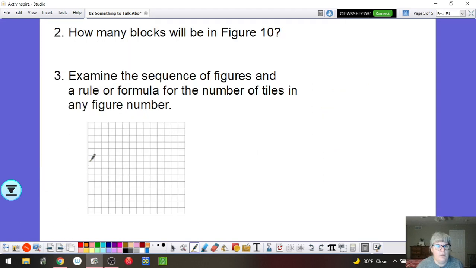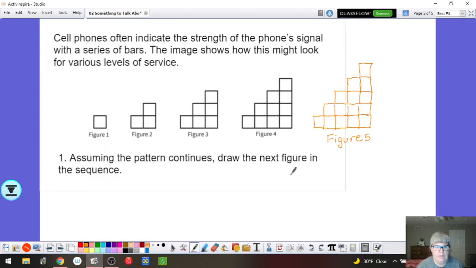As we move along, for number 2, how many blocks will be in figure 10? Well, to do that, we might want to create a table. And I'm just going to put the table on this screen with the figures. So my table is going to have the figure number as the top row, and we're going to have the number of blocks for the bottom row.